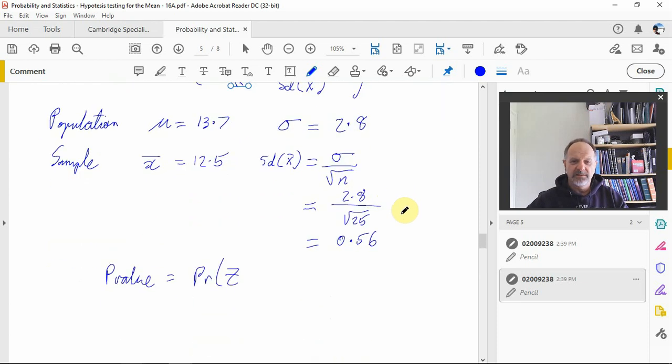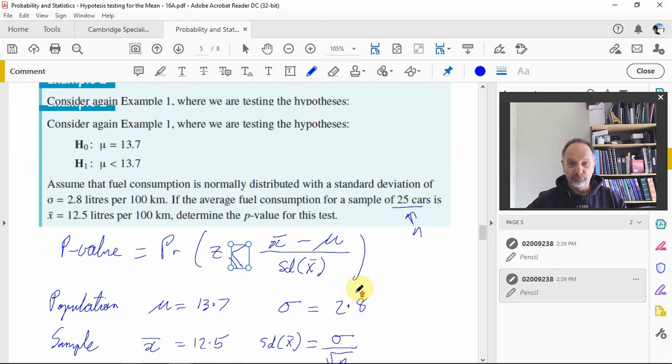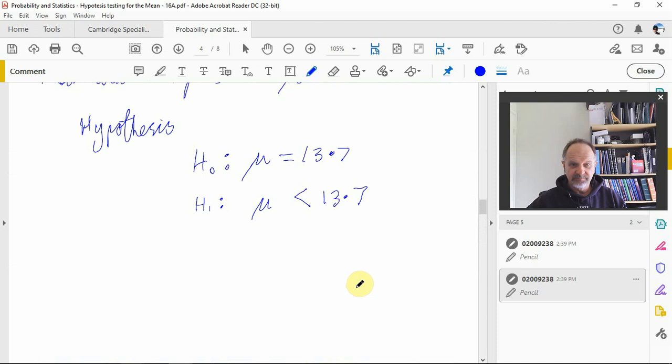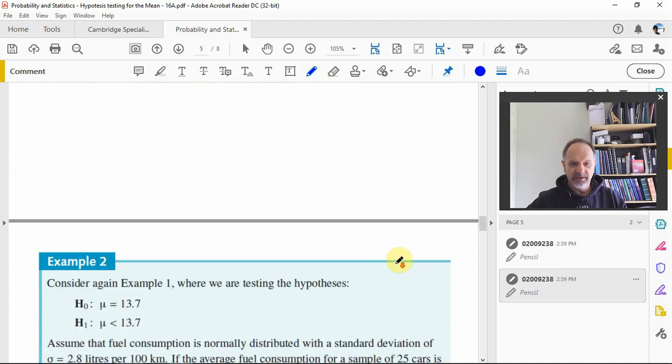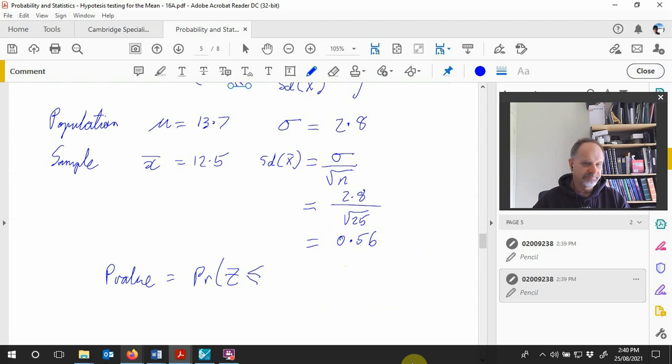Because we're trying to promote this car as being more fuel efficient, we want less than.